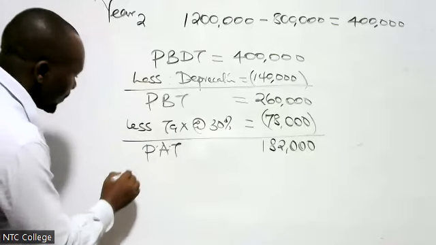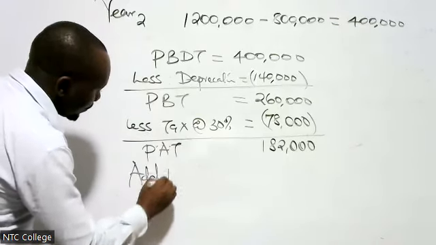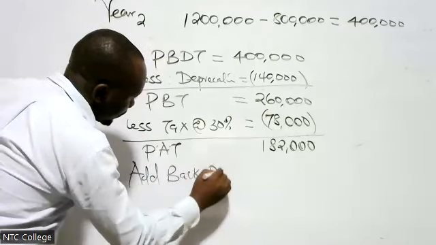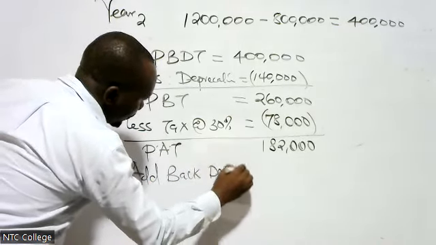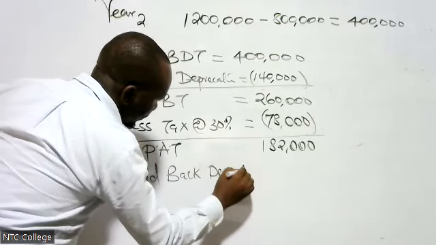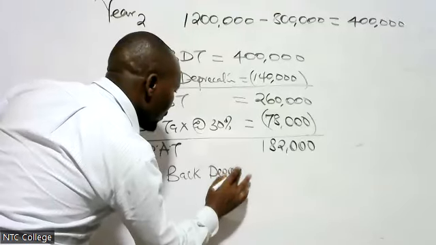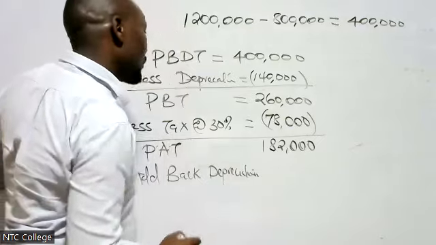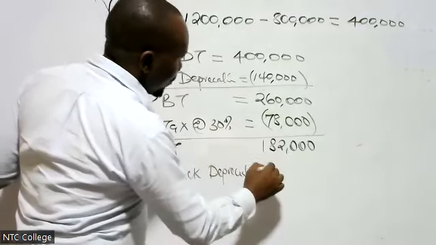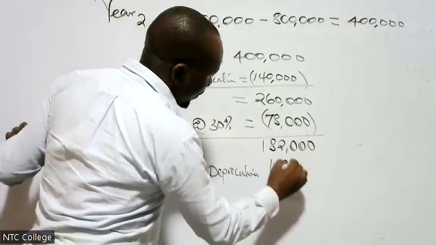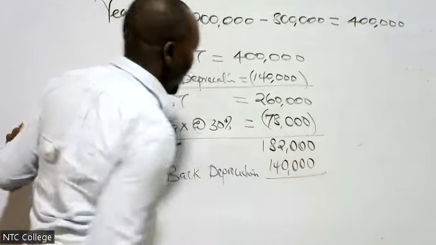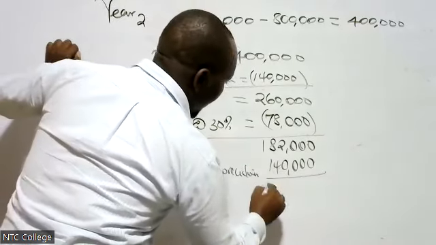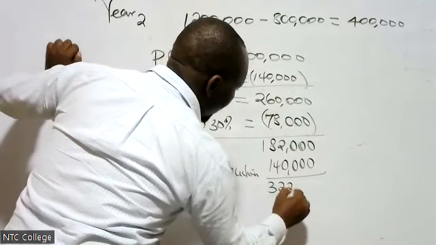Now add back depreciation. Depreciation is 140, right? So we are going to have 322,000.